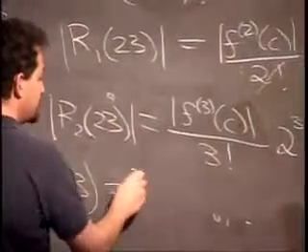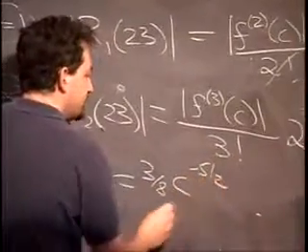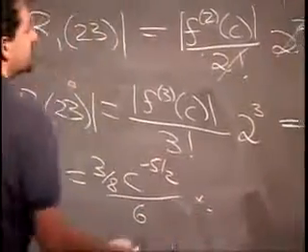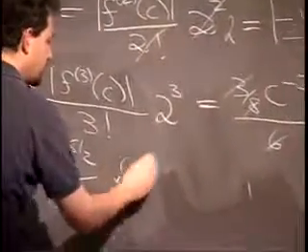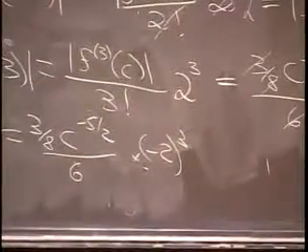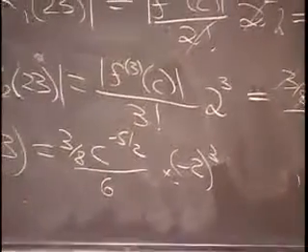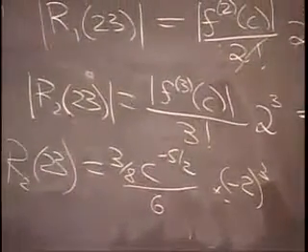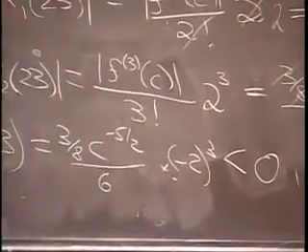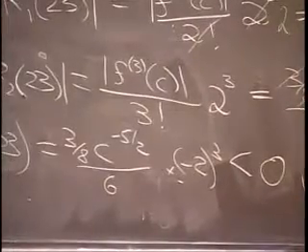It is indeed 3/8 c to the minus 5 halves over 3 factorial, times minus 2 cubed. So is that a positive quantity or a negative quantity? C to the minus 5 halves is positive. So this is negative because of the minus 2 there. So this is negative.